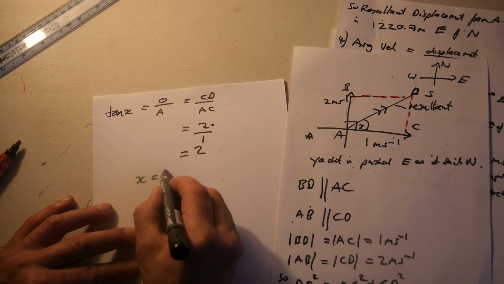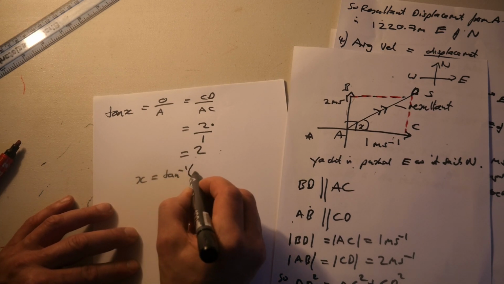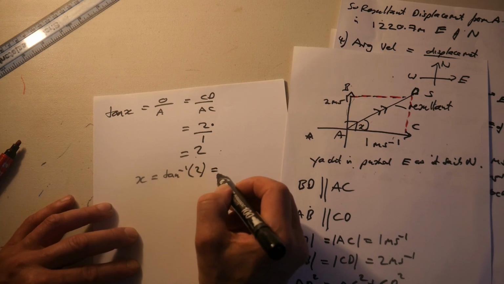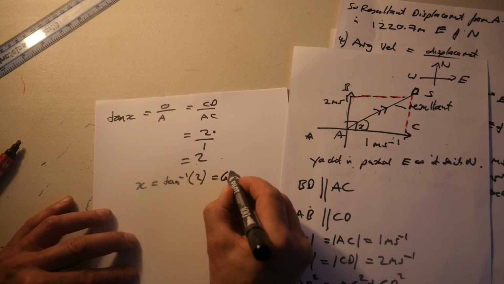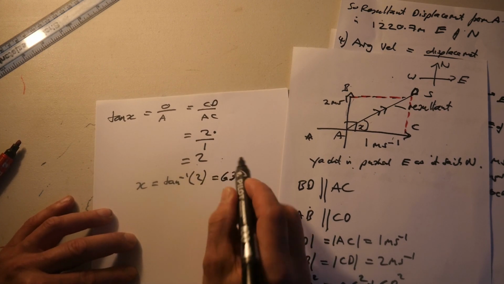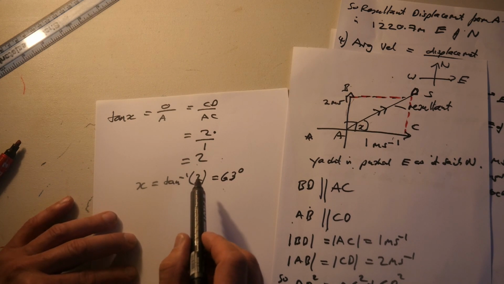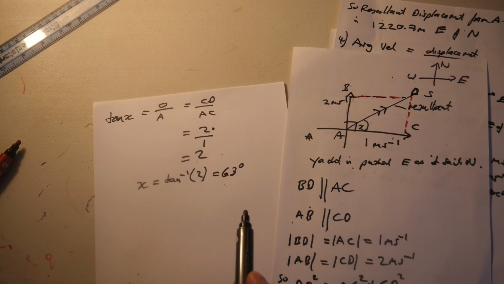So x equals tan minus 1 of 2, which equals 63 degrees. If you put that through the calculator, the inverse tan, you probably have to press shift.